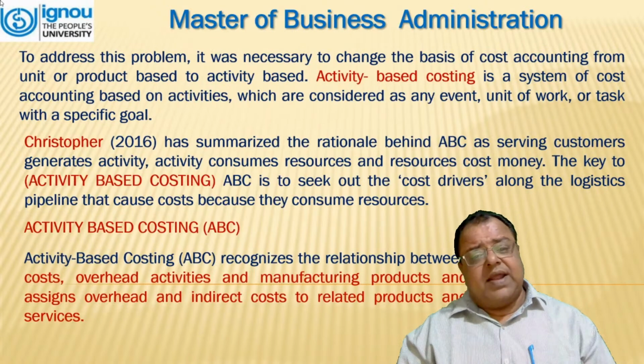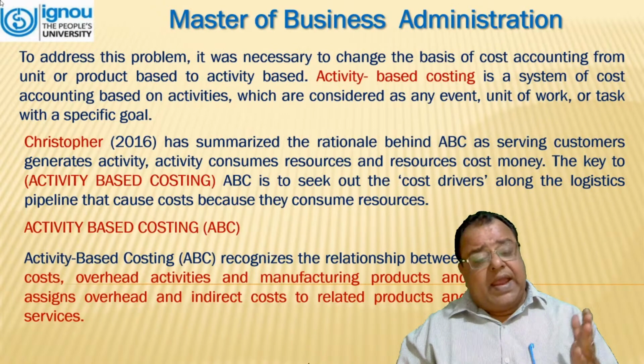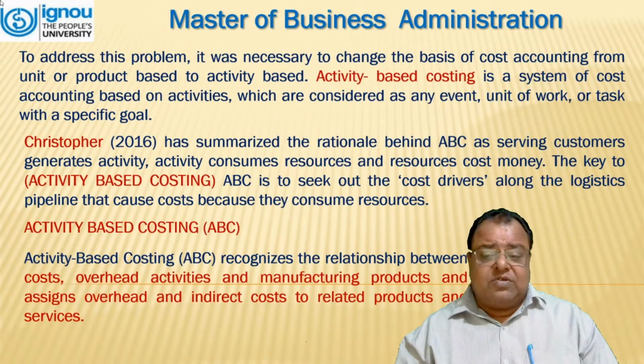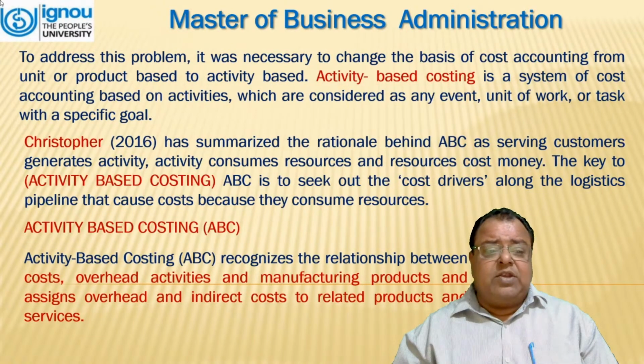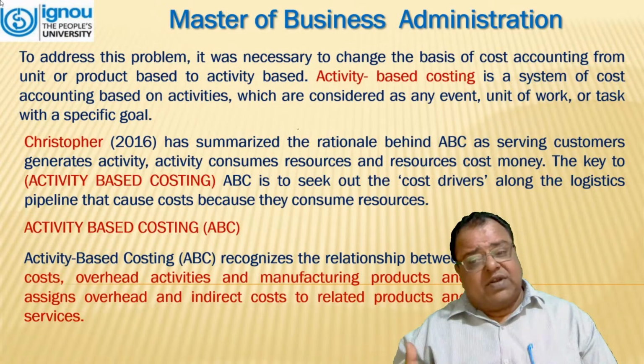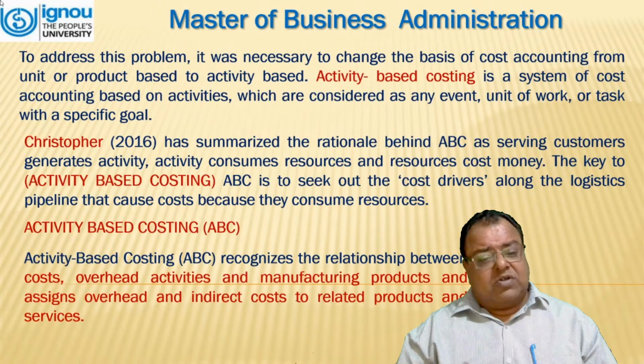Christopher again has summarized the rationale behind ABC as serving customers generates activity, activity consumes resources, and resources cost money. The key to ABC, that is activity-based costing, is to seek out the cost drivers along the logistics pipeline that cause costs because they consume resources.